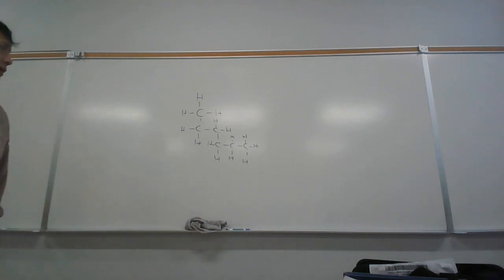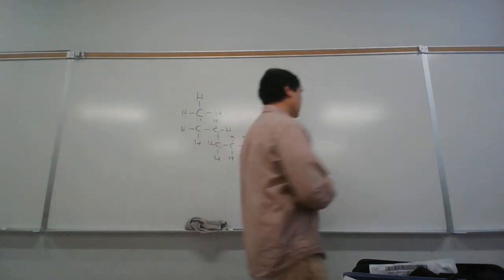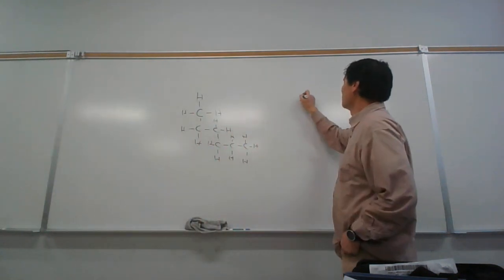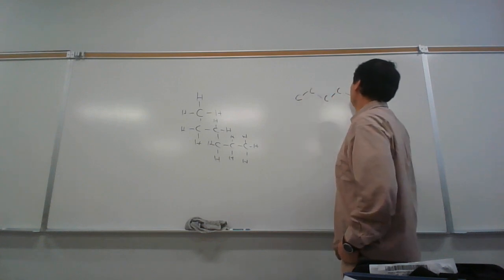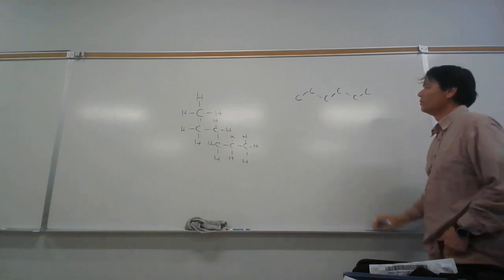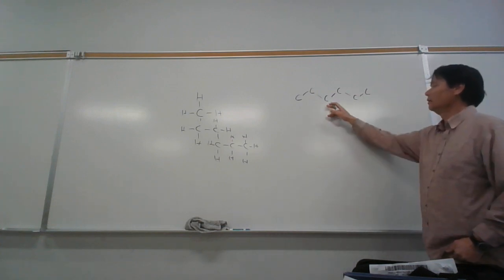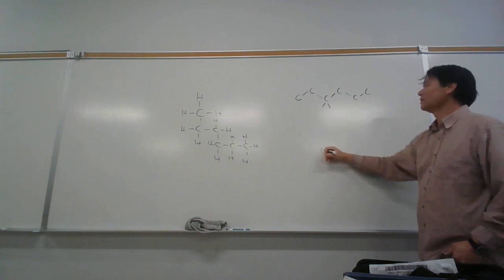And so sometimes what they'll try to do in chemistry is they'll try to draw the Lewis structure so it is a little bit more accurate. But sometimes they won't draw the wedges and the dashes. They just draw lines here.